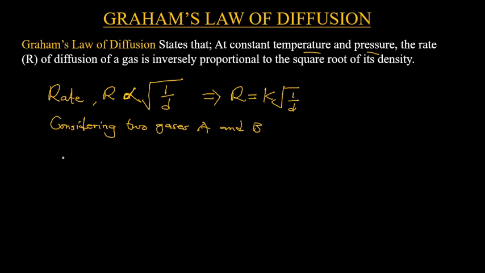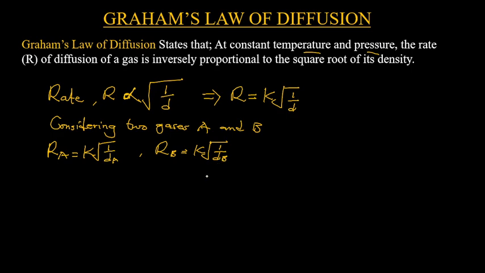So for the gas A, its rate of diffusion is going to be equal to the diffusion rate constant K, and then we'll have the square root of 1 over the density of A, and that of B, the rate of diffusion of B, will be equal to K, the square root of 1 over the density of the gas B.